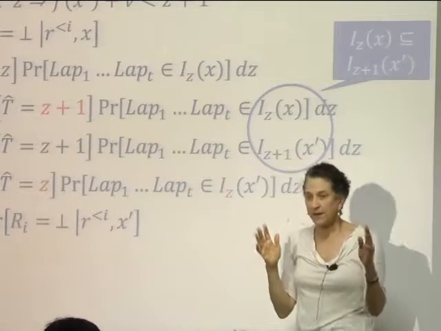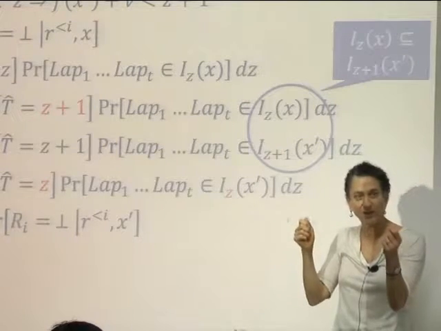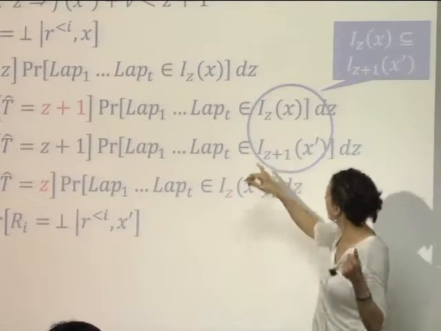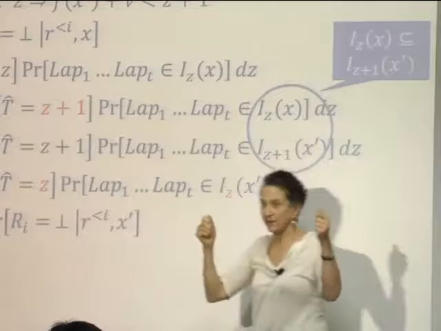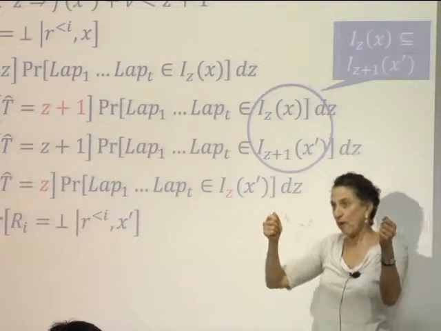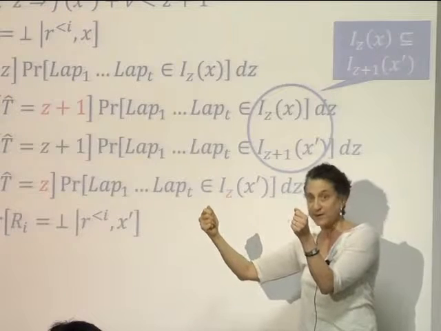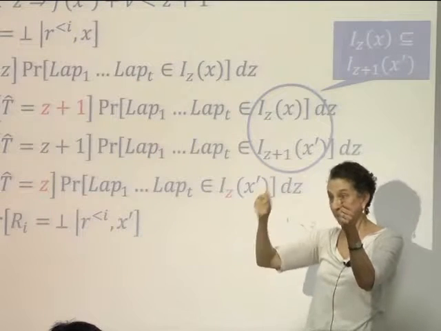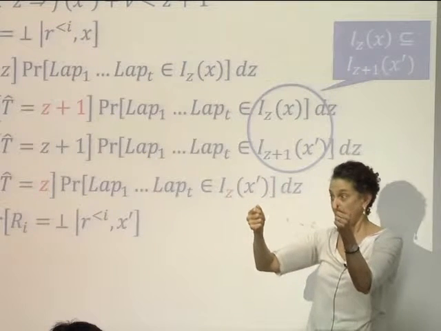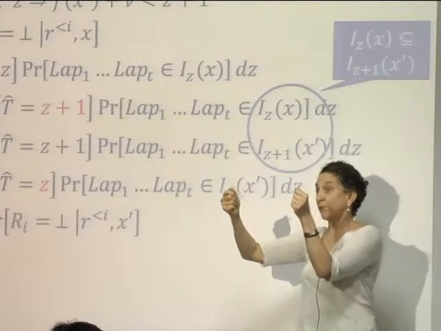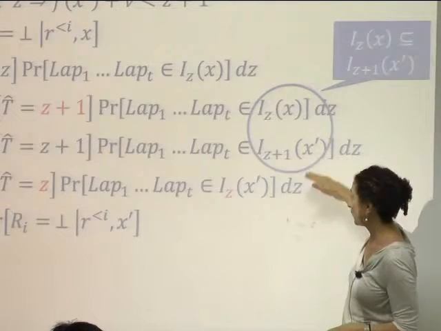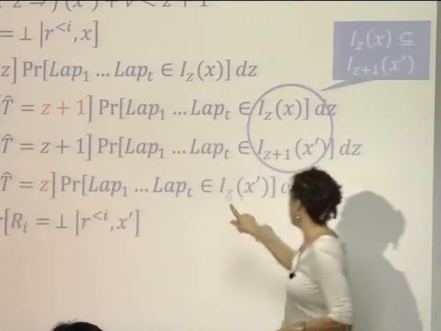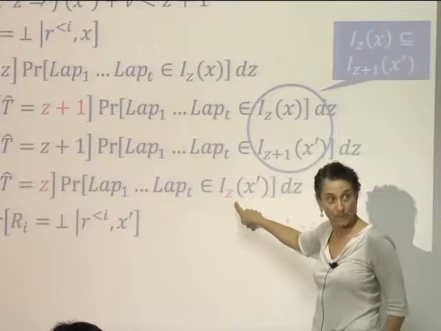But when everything else is fixed, if a given value gets me over the limit when the threshold is z plus 1, if I drop that value and the threshold by 1, it'll still get me over the limit. I have a higher threshold and a bigger noise, it gets me over. If I subtract 1 from the noise and 1 from the threshold, it still gets me over. So that's what's going on here. We were able to replace this z plus 1 and this z plus 1 by z and z. All right?